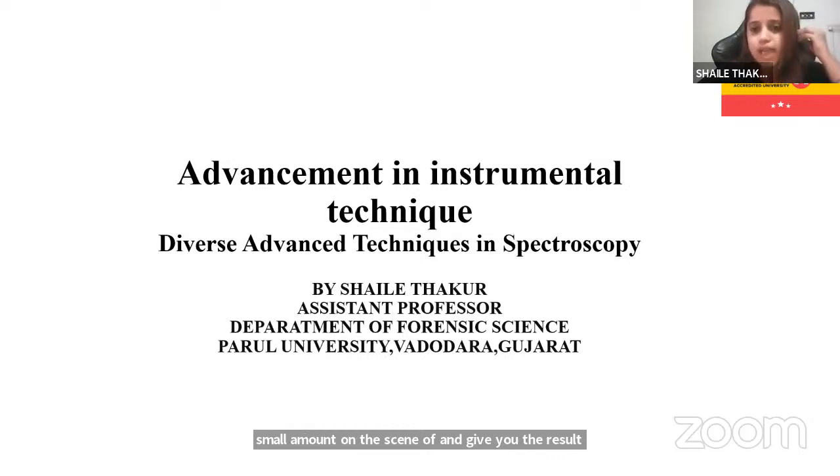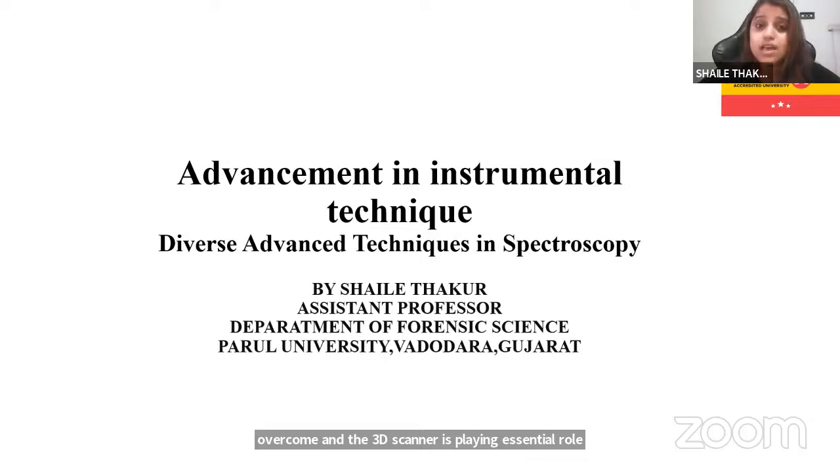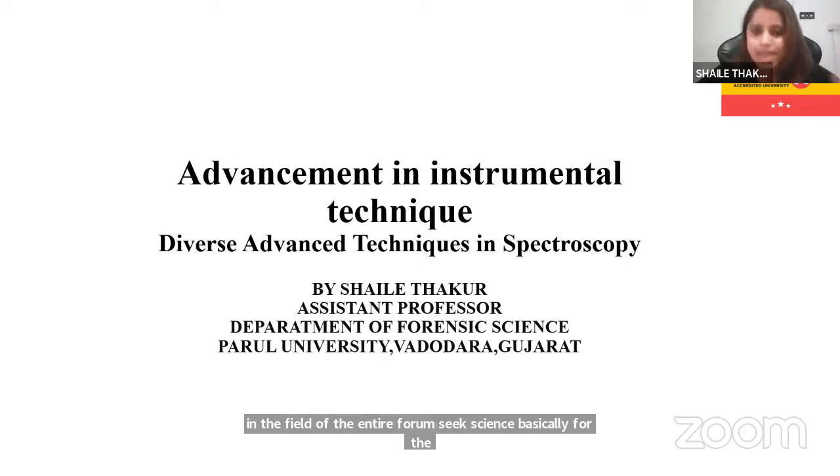After that, you can go with the proper analysis. Earlier we were facing a lot of challenges: a few people were doing sketching, a few photography, a few videography, a few making notes. But this problem and limitation was overcome, and the 3D scanner is playing an essential role in the entire field of forensic science, especially for the reconstruction of the crime scene.